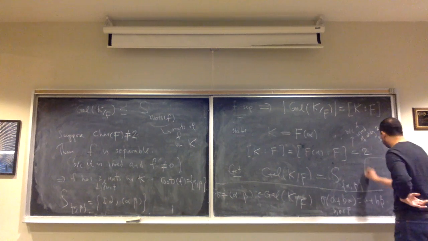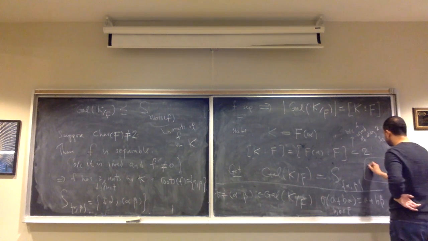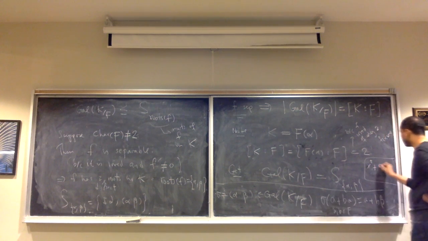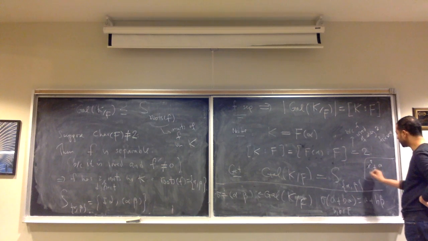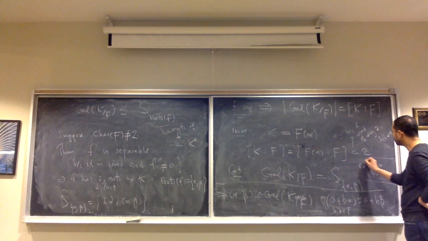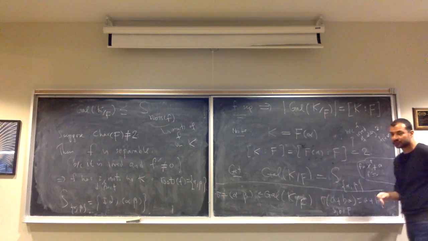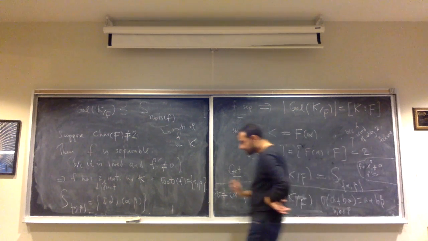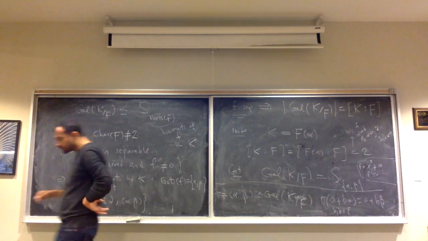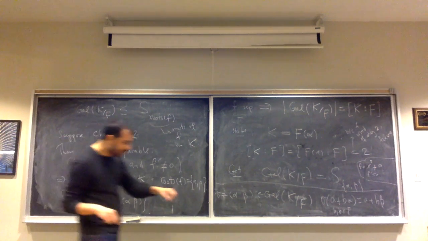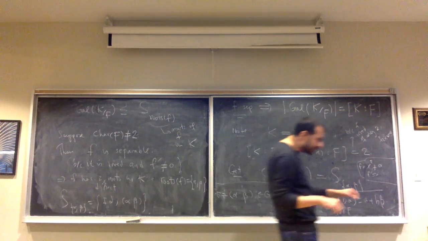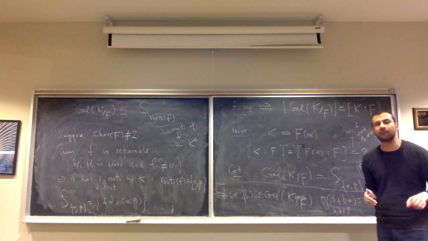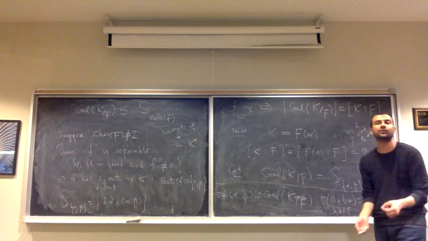If it's something of the form x squared plus a, and then you differentiate it, the derivative will just be 0 if the characteristic is 2. So if the characteristic is 2, your irreducible polynomial of degree 2 doesn't actually have to be separable. It can have repeated roots.